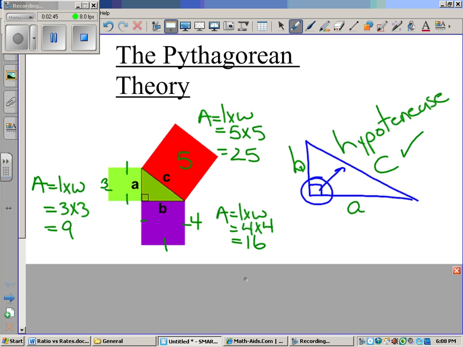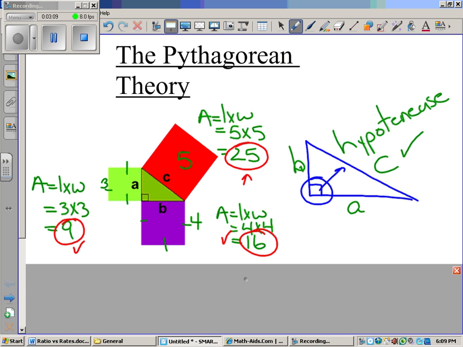And then I asked if you could take a look and see if you can find a relationship between this number and this number. And it took us a little bit, but after a few seconds, I remember very clearly that someone was able to say, you know what, 9 plus 16 equals 25.